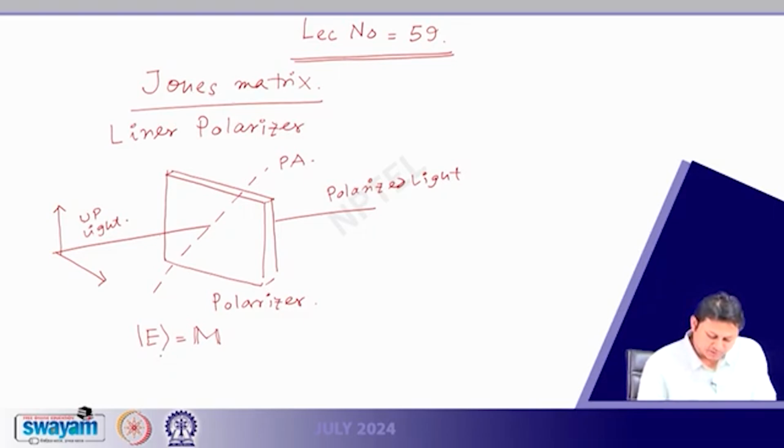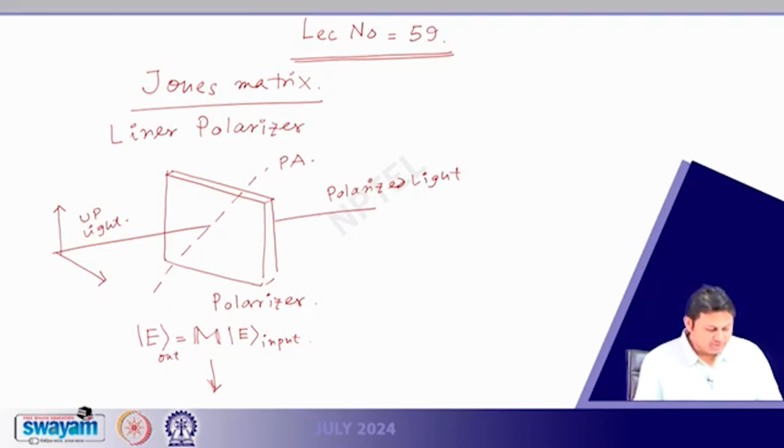This is the output light, that will be the polarizer operator, the matrix defining the nature of the polarizer, acting on the input light. So that is the recipe we have been using, and in different cases we determined what the matrix M is.